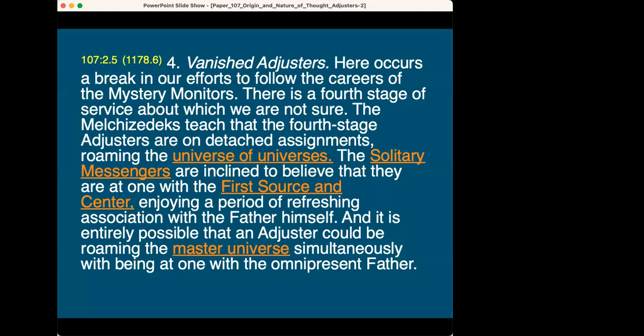The solitary messengers are inclined to believe that they are at one with the first source and center, enjoying a period of refreshing association with the Father himself. And it is entirely possible that an adjuster could be roaming the master universe simultaneously with being at one with the omnipresent Father.